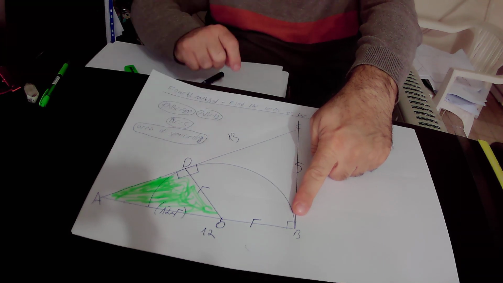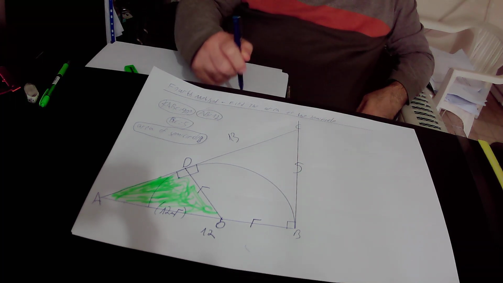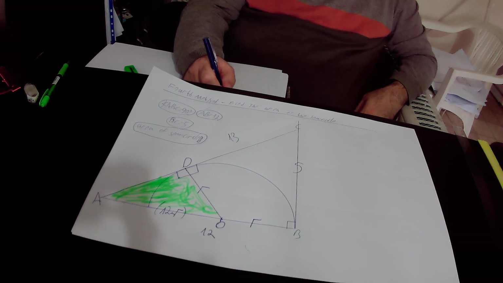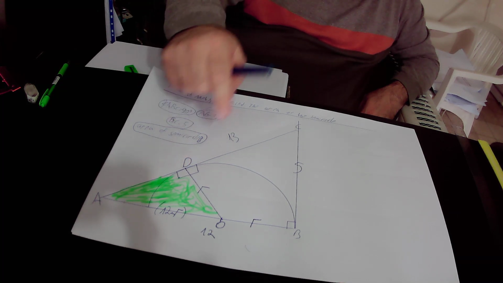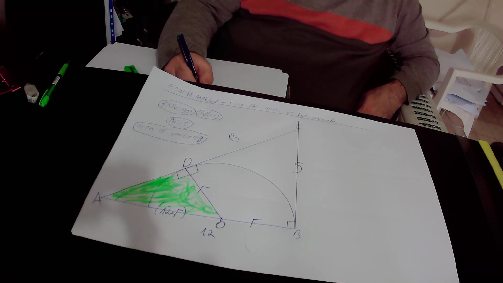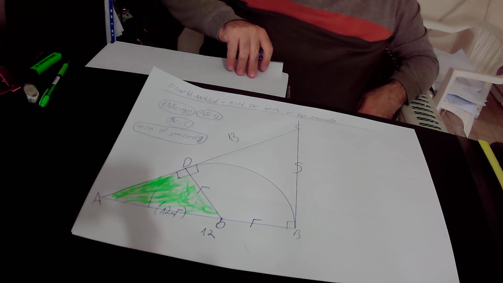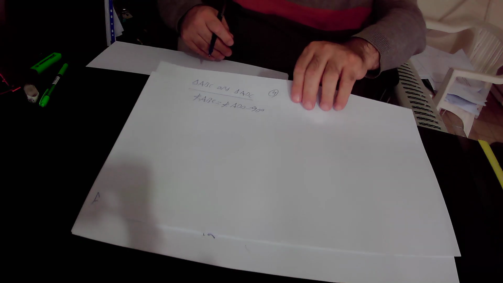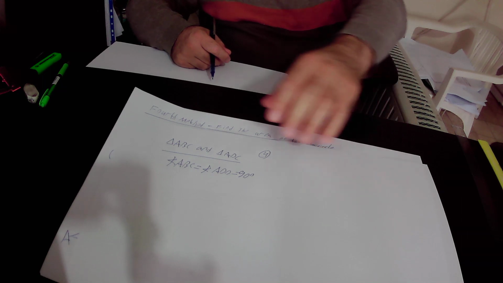So this angle, angle ABC of triangle ABC, is equal to this angle, angle ADO of triangle ADO, and both are equal to 90 degrees.